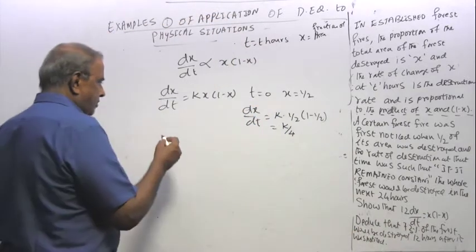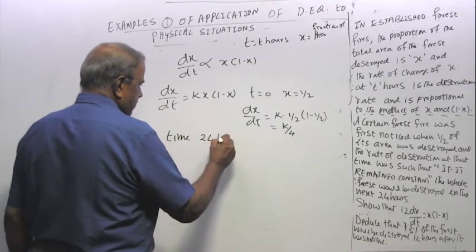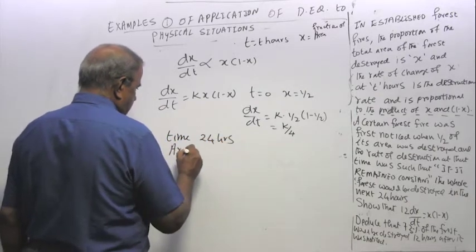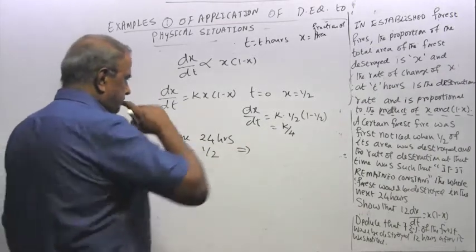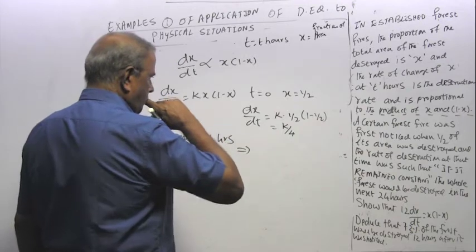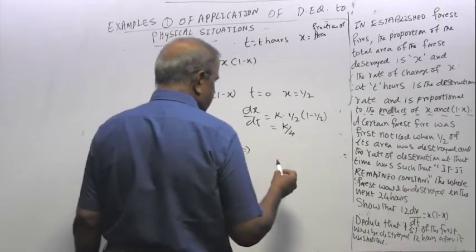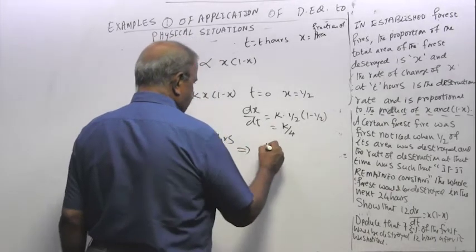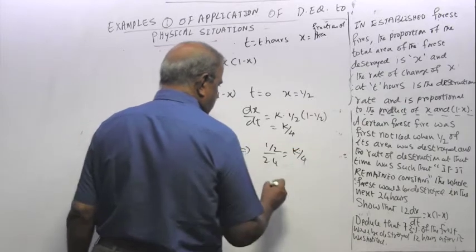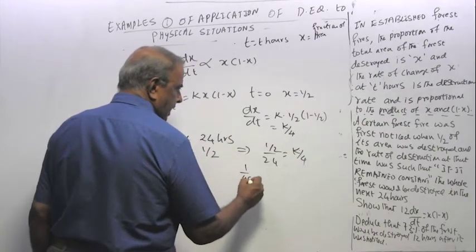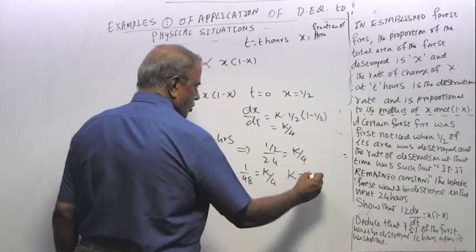So, in other words, time 24 hours, area is half. So, what would be the rate? Rate is half over 24 is k over 4. So, 1 over 48 is k over 4. So, k is 1 over 12.